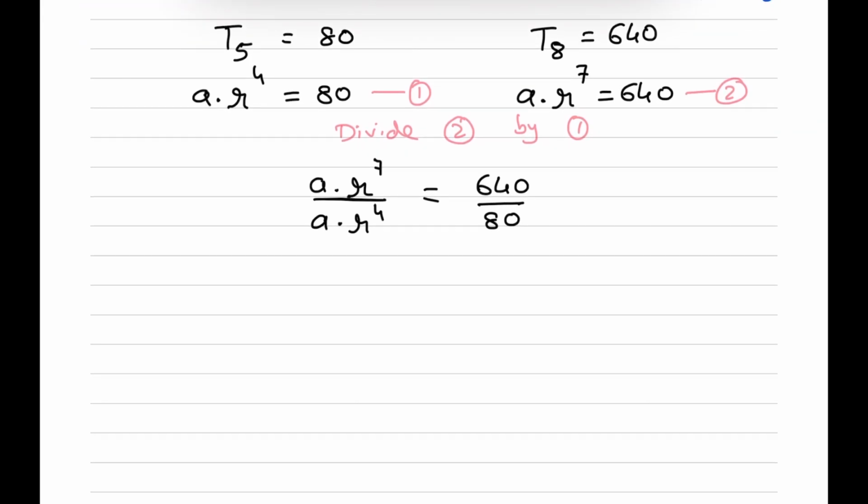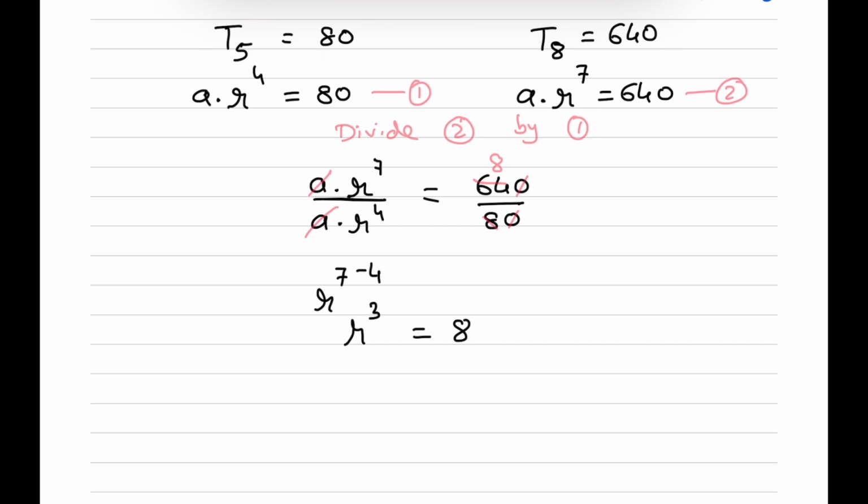On simplifying this, we get r raised to 7 minus 4, because a will get cancelled out, and same base in division we will subtract the powers. So the left hand side will be r raised to 3, which is equal to, on reducing the right hand side to the simplest form, we get 8.